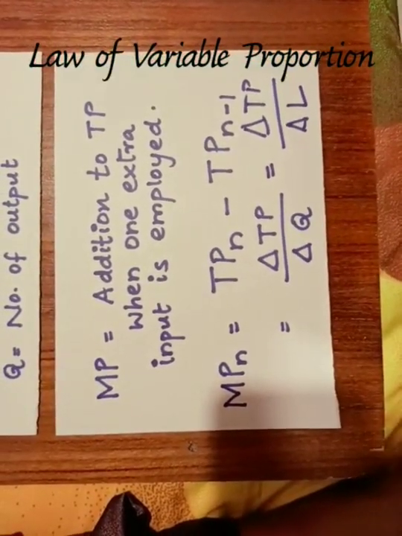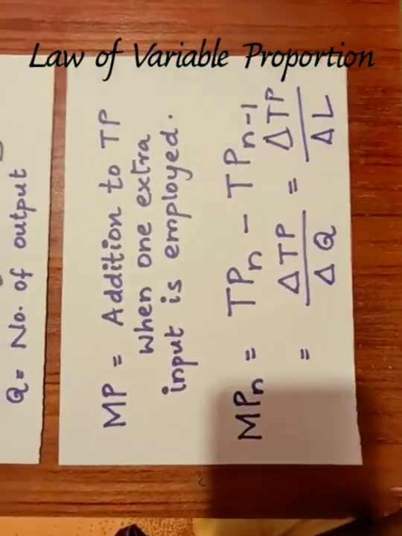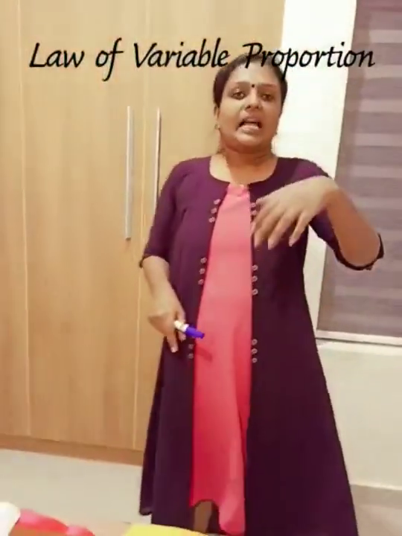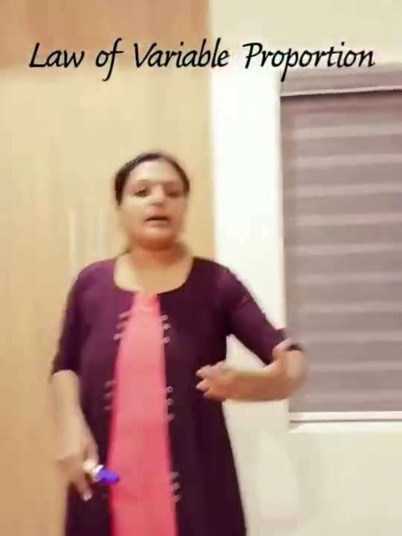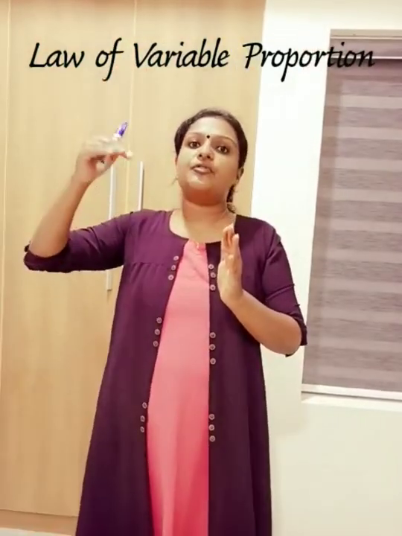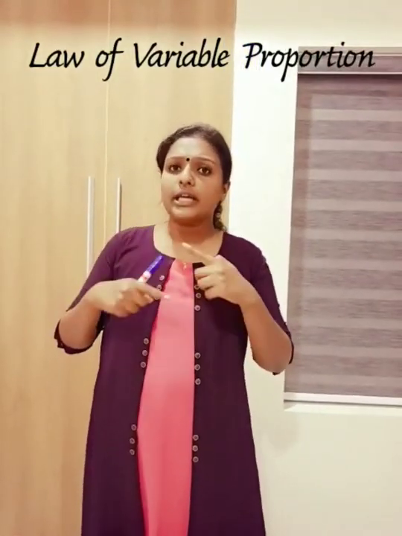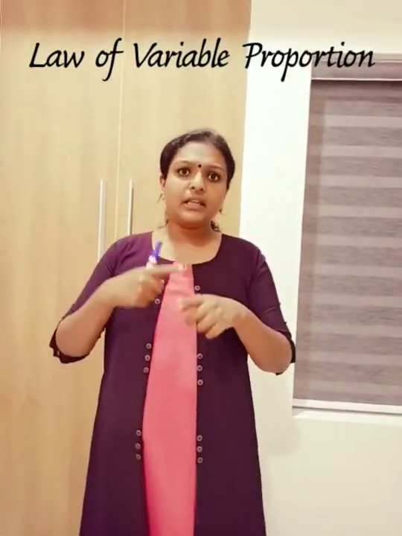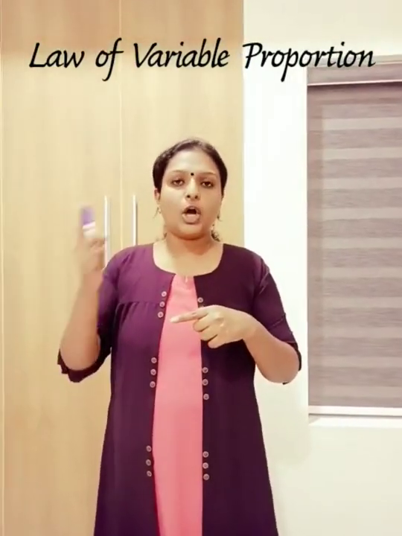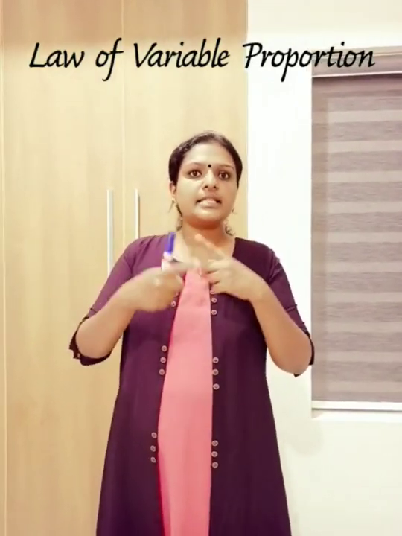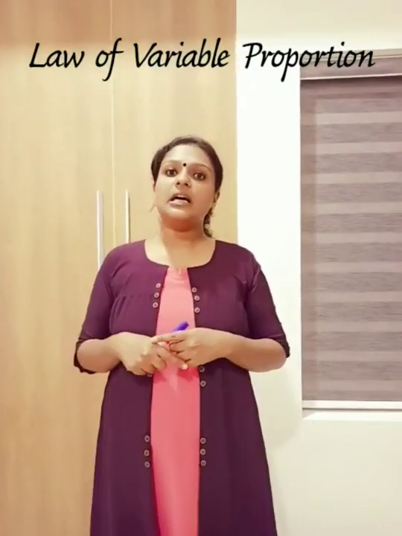Law of variable proportion states that as we go on increasing more and more units of variable input, keeping the fixed factors fixed, the TP initially increases at an increasing rate, then at a diminishing rate and finally at a negative rate.